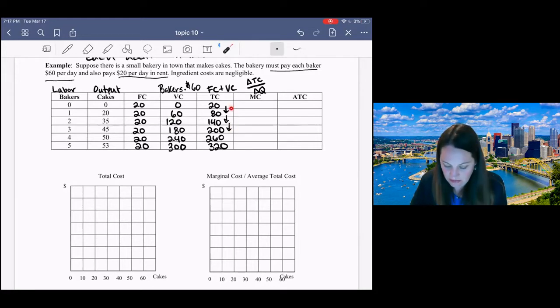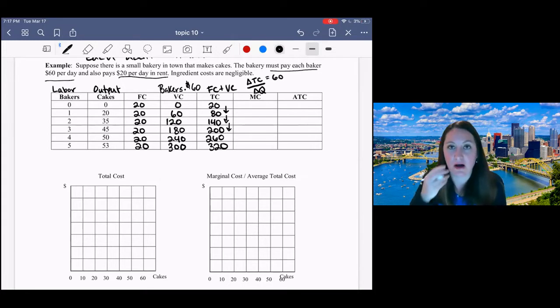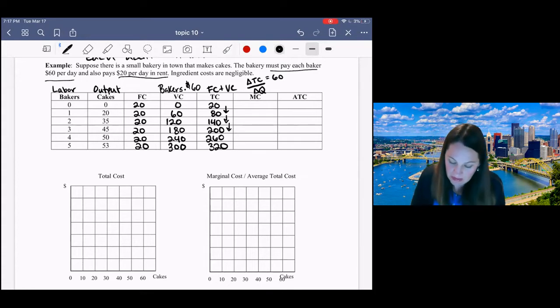The difference is always $60 because the only difference between these rows is that I'm hiring one more baker and each baker costs me $60. So this change in total cost is always going to be equal to the cost per worker in these problems, which in this case is $60.